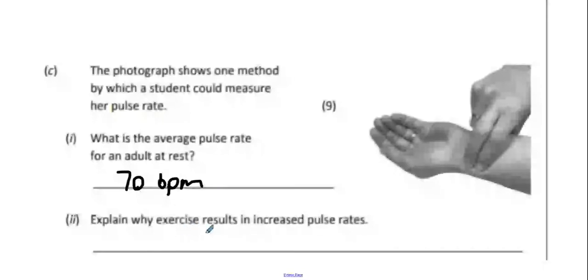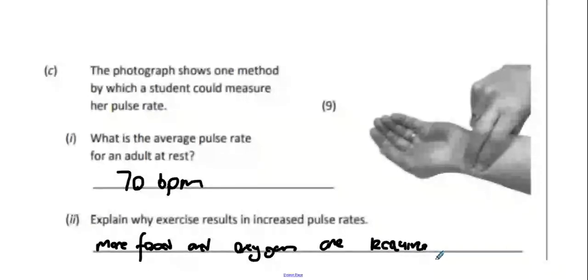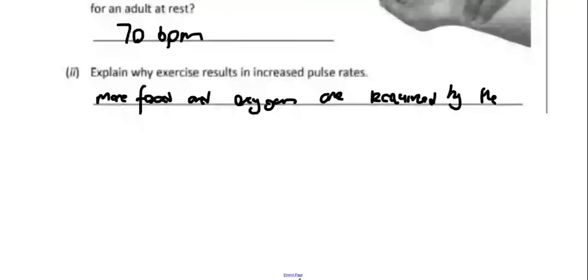Explain why exercise results in increased pulse rates. More food and oxygen are required by the cells of the body to make energy.